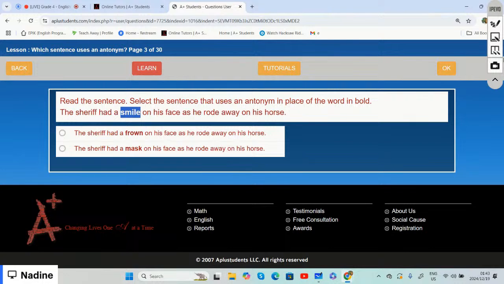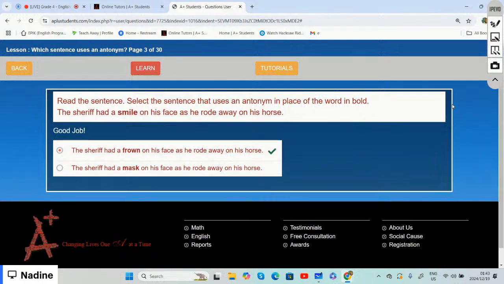All right. And the opposite of smile is frown. Opposite of frown is smile. Well done.